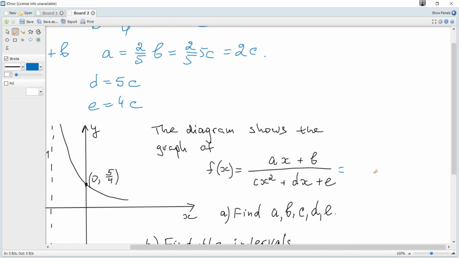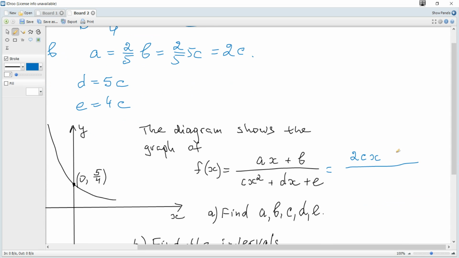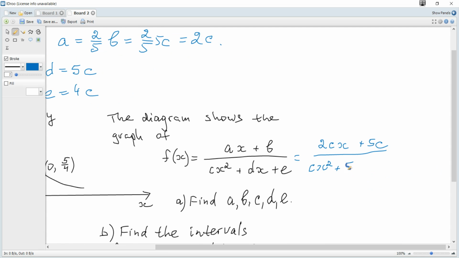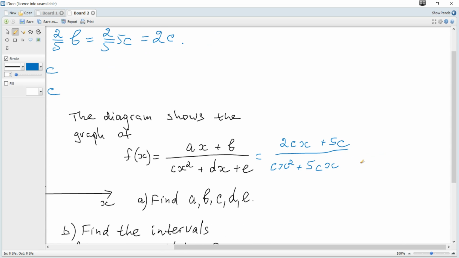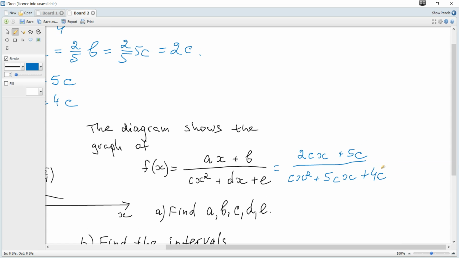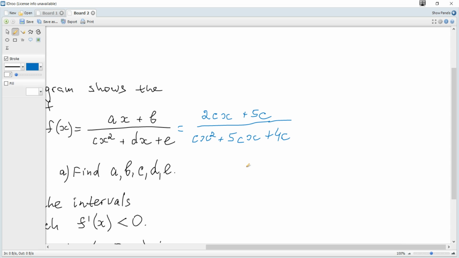And if we substitute for a, b, c, d, e, we get the next. It becomes a, it's 2cx plus b, b is 5c, over cx squared plus d is 5c, and plus e. You can see that c cancels. So this expression is independent of c. c may be absolutely any value.